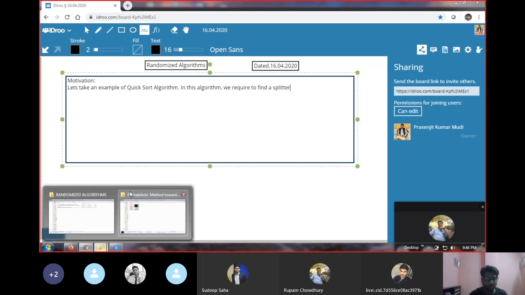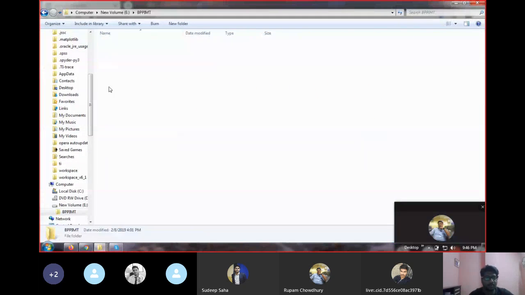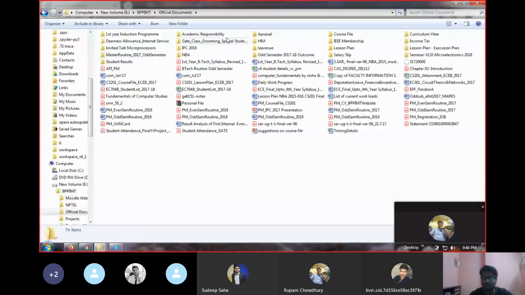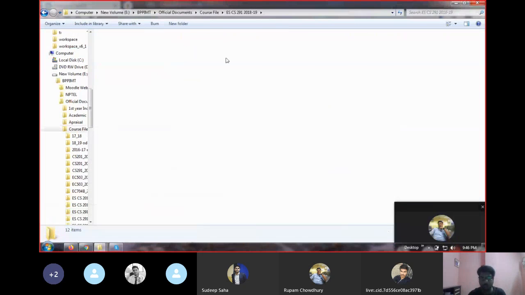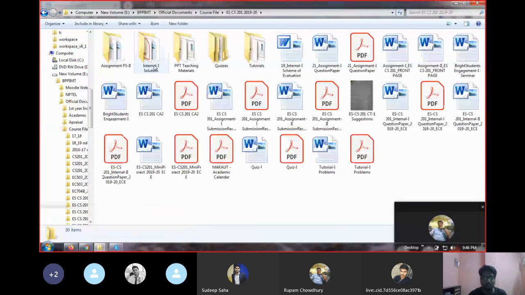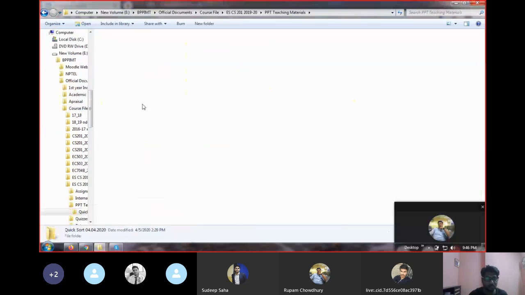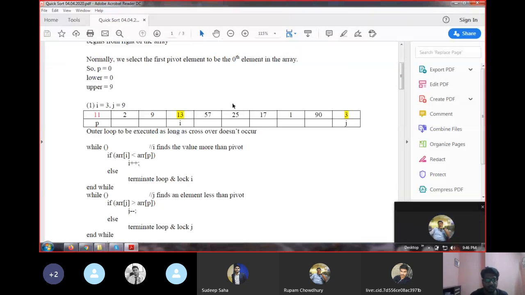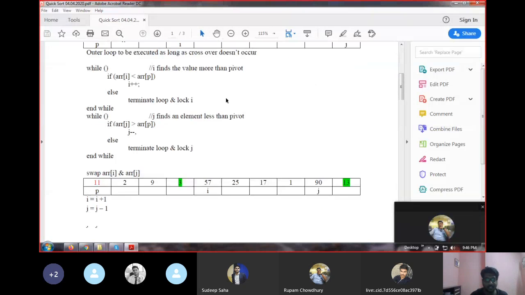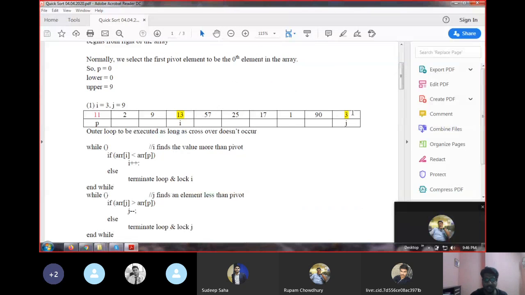Remember the quicksort algorithm. We can have a look at this picture. Suppose we are given a set like this: 11, 2, 9, 13, 57.